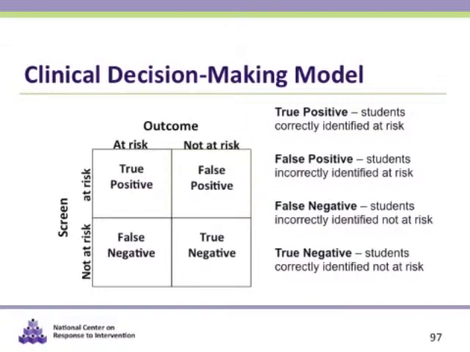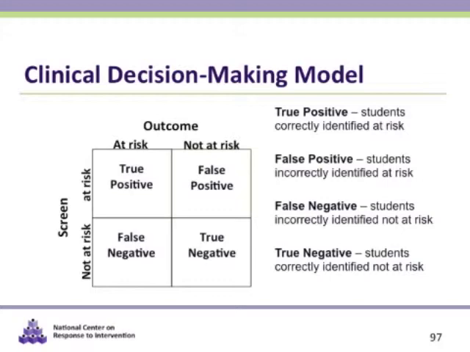The clinical decision-making model helps us put this into perspective. If you look at the left-hand side of the screen, you'll see that it says not at risk or at risk. This is what our screener said. And at the top, you'll see outcome, at risk or not at risk. This is the actual at risk or not at risk. So screening tools in education rarely 100% accurately identify kids who are at risk or not at risk.